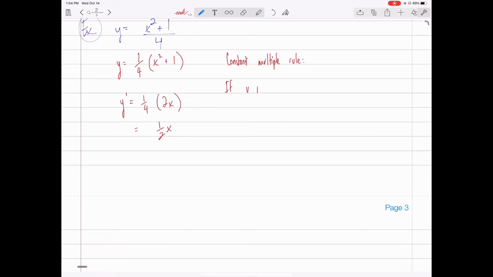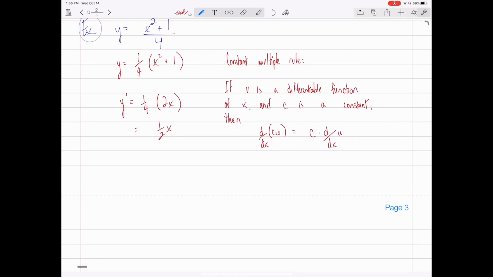If u is a differentiable function of x and c is a constant, then the derivative with respect to x of cu would just be c times the derivative with respect to x of u.